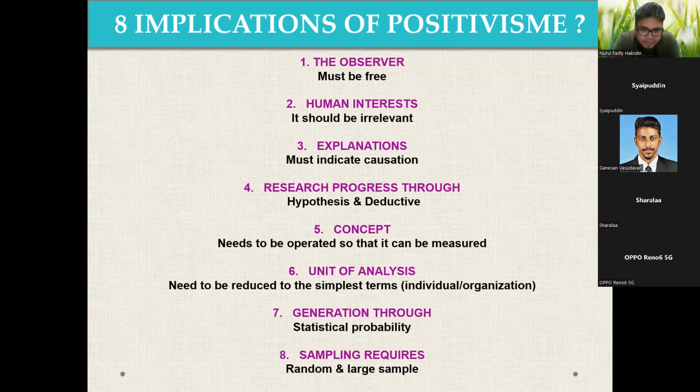Number 7 is generalization through statistical probability. We know that quantitative research is based on numerical and statistical data. A sample is required, so we can use random sampling and involve a large sample. So we have just learned about positivism, and we can also understand quantitative research.